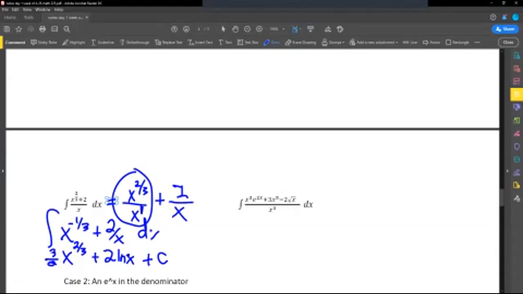Like this looks really scary, but you can deal with it. So we're going to break it down and we're going to just divide everything by x cubed. I'm going to write the square root as x to the 1/2. So every term is going to get divided by x cubed.